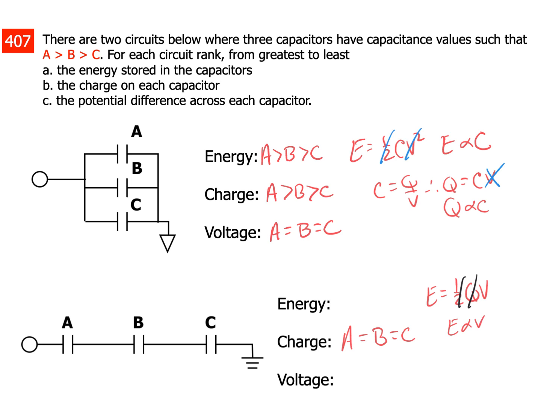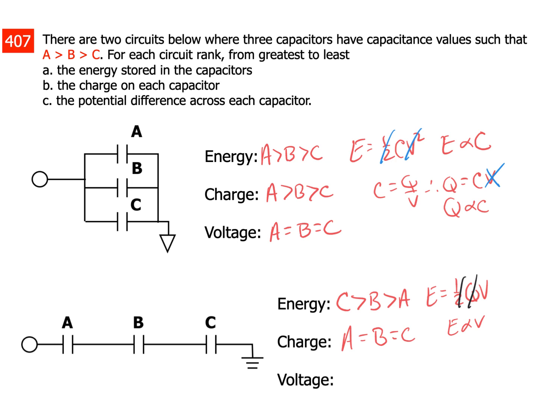Now, what I know about that is that the smallest capacitor will have the largest potential difference across it. So that means that the smaller capacitor, which is C, is going to be greater than B, which is greater than A. So in series, the smaller the capacitor, the larger the potential difference across it.